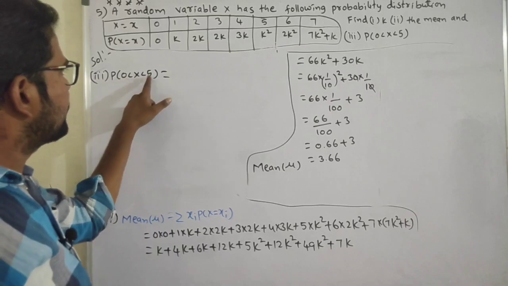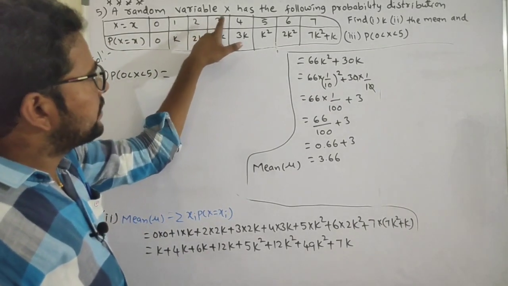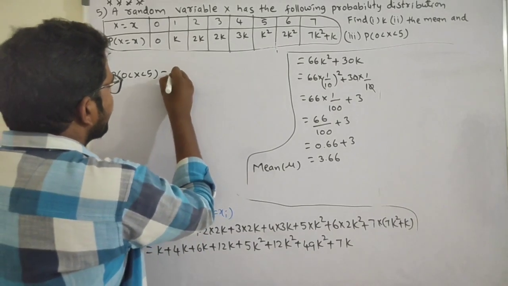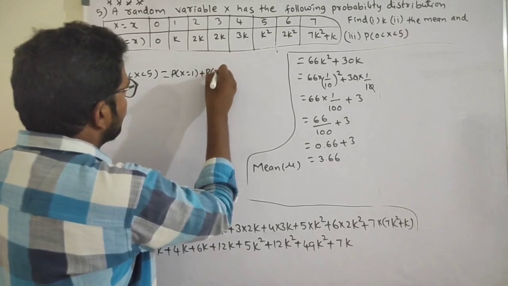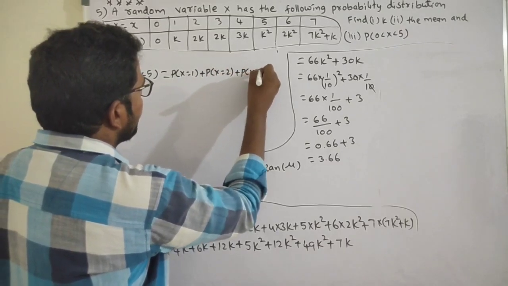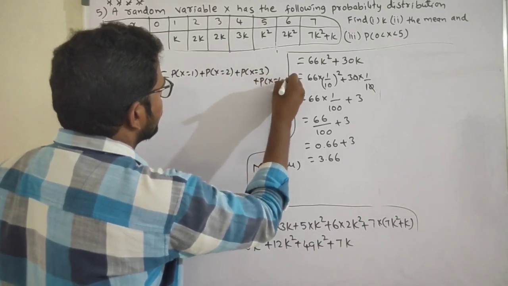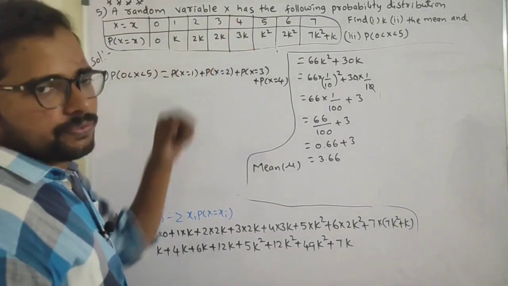So x is equal to 1, x is equal to 2, x is equal to 3 and x is equal to 4. So take P of x equals 1 plus P of x equals 2 plus P of x equals 3 plus P of x equals 4. Less than 5 means we take up to x equals 4.